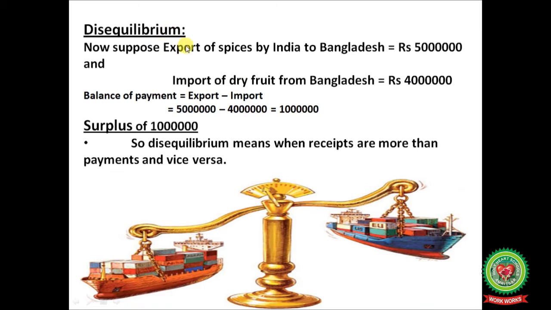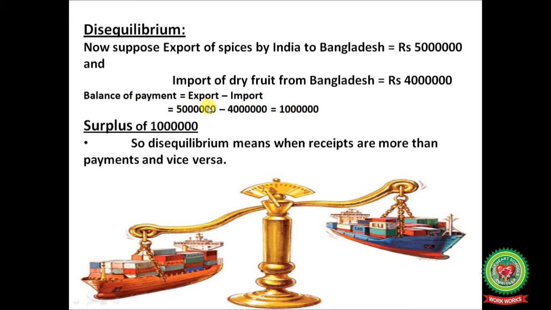First one is disequilibrium. Let's understand it with the help of an example. Suppose export of spices by India to Bangladesh is worth rupees 50 lakhs, and import of dry fruits from Bangladesh is rupees 40 lakhs. So balance of payment equals export minus import.